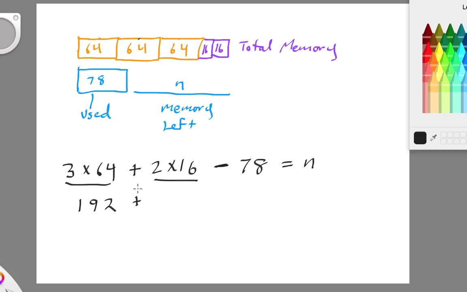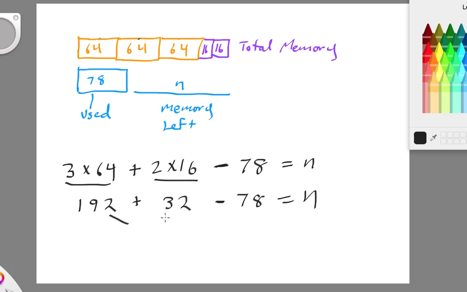And then I'm going to keep my addition sign here. So I just changed 3 times 64 into the answer, which is 192. And now I'm going to change 2 times 16, which is 32, into the answer. And then bring down my subtraction. Minus 78 equals n. Now all I have is an add and subtract problem. 192 plus 32.